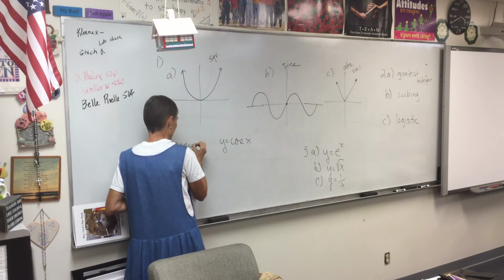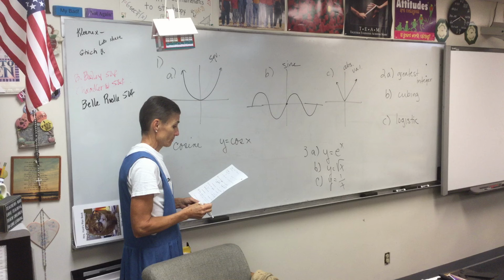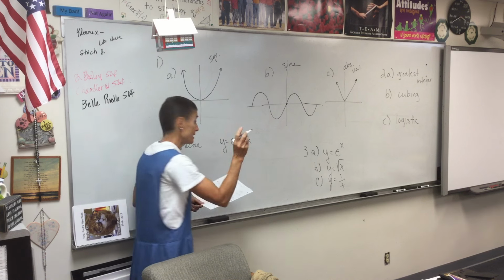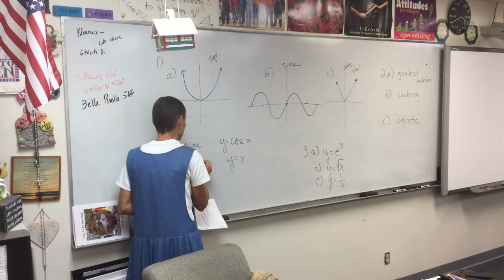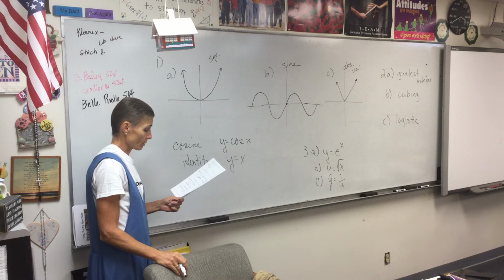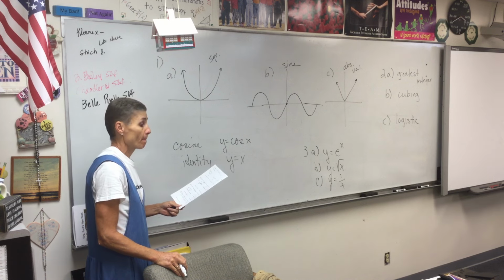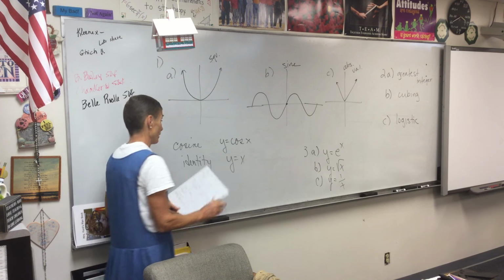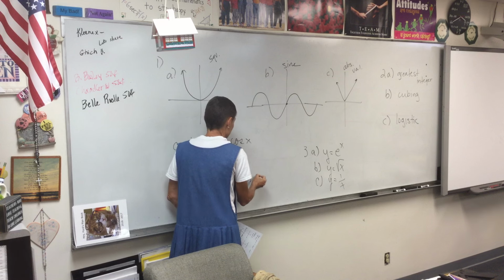That's the cosine curve. What else? The identity. Y equals x, or the identity, hasn't been included yet. Which one? The logarithmic function, which is y equals ln x.